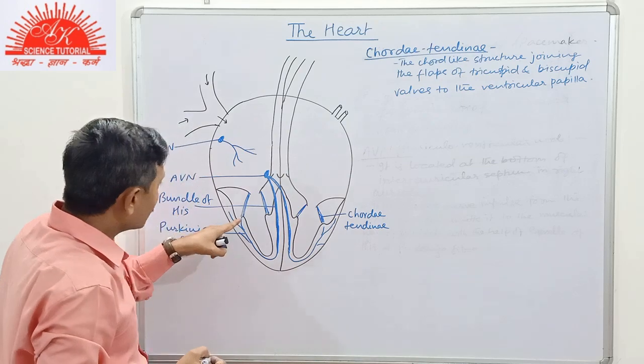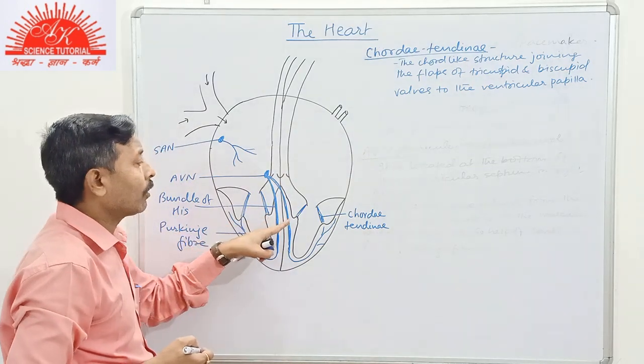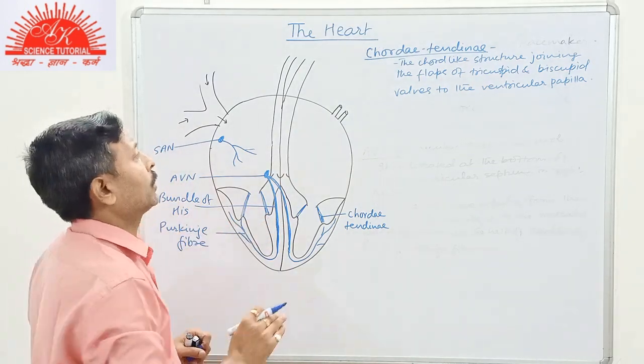That is, this is called papilla, the elevated portion of the muscular wall of any structure.